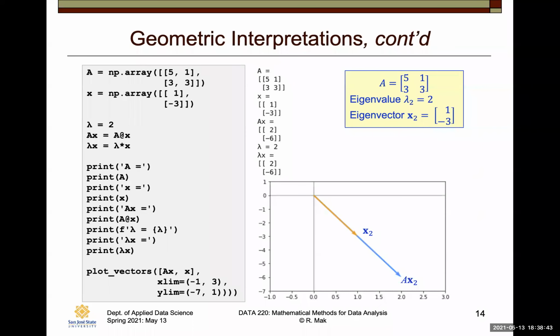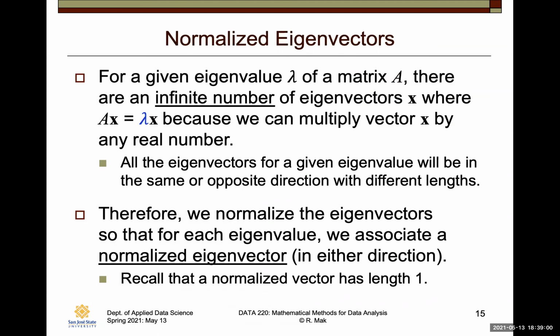Now you have an idea of what an eigenvalue and an eigenvector are, corresponding to a matrix, and of course a matrix can have more than one pair of these eigenvalues and eigenvectors. Now, for a given eigenvalue of a matrix, there are an infinite number of eigenvectors, because you can multiply the vector by any real number.